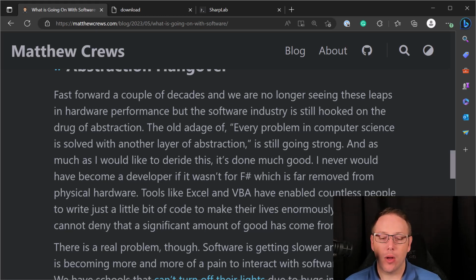So what I'm seeing is that abstraction is a two-edged sword. We are very quick to apply it. There's the joke in computer science that every problem in computer science can be solved with an additional layer of abstraction. And what I think that we are seeing now is that there's no opposing force to that attitude.